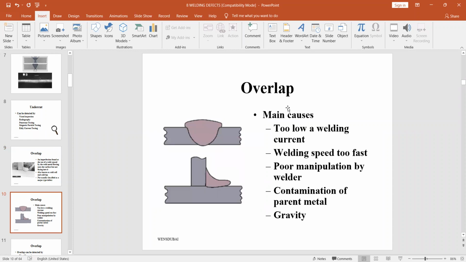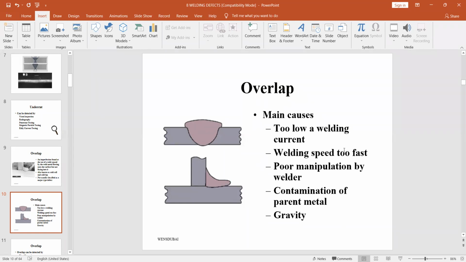This is known as overlap. The reasons for overlap: too low welding current. If welding current is too low, then heat input is less, so the molten metal is not in proper liquid form, and there are chances to get this type of overlap.